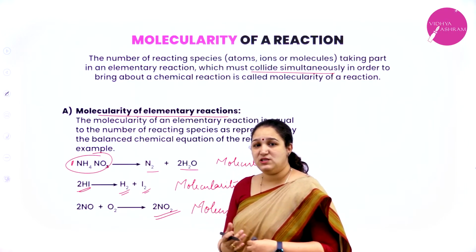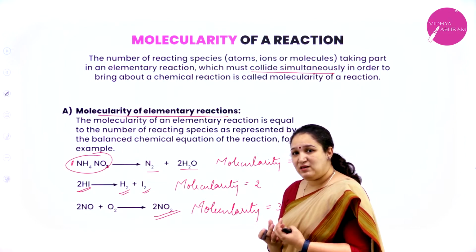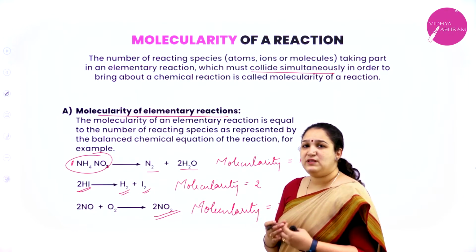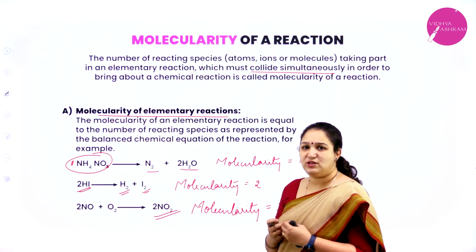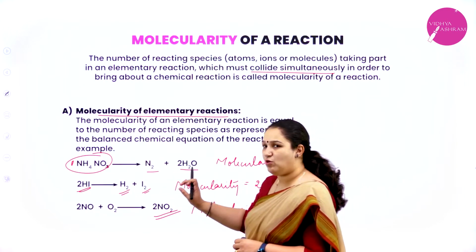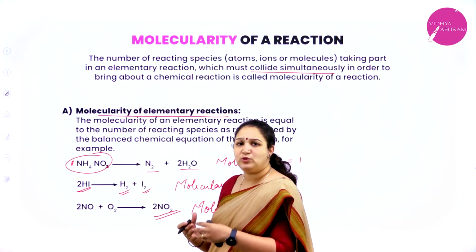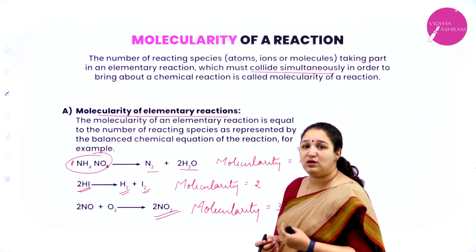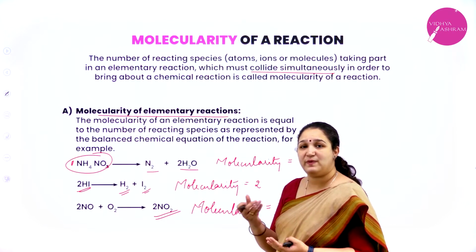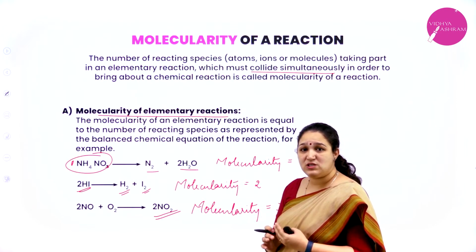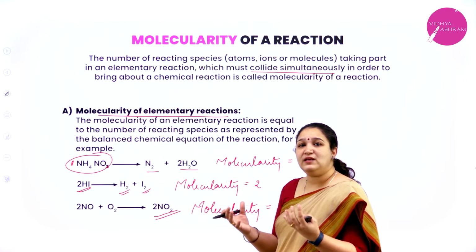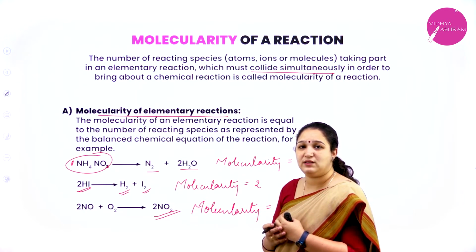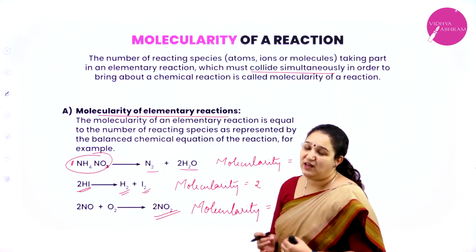Now, molecularity of a reaction usually is not more than 3. Why? Because the particles have to come and collide simultaneously. For example, if there's a huge reaction in which all the stoichiometric coefficients add up to 9 or 10, it is understood that it is not an elementary reaction, it must be a complex reaction, because the probability of all 9 molecules coming simultaneously and colliding with one another is very, very low.